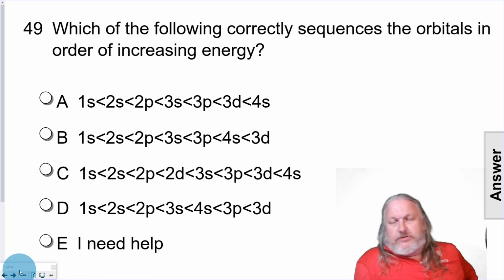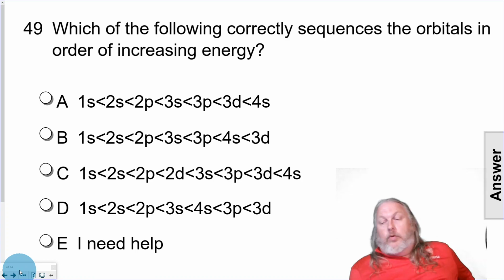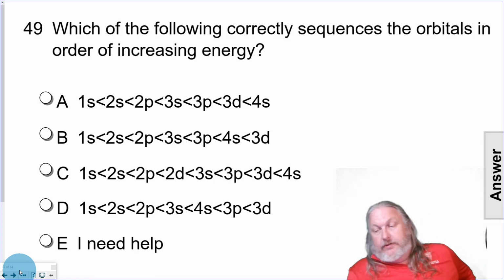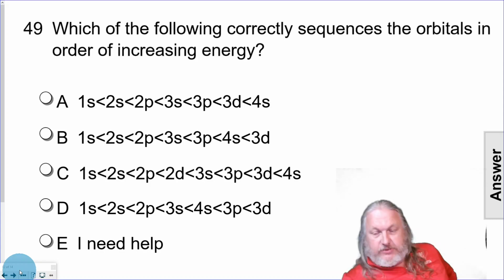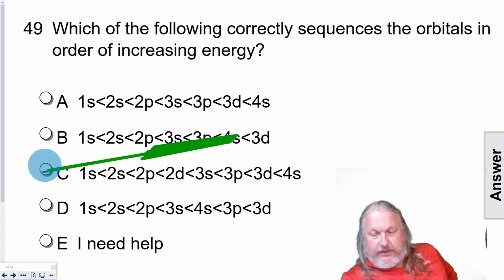This is a good one. Which of the following correctly sequences the orbitals in order of increasing energy? Well, 1s is the first of all those. Then it goes to 2s, 2p. Now, it cannot be C because there's no such thing as a 2D orbital. Then we've got 3s, then a 3p.